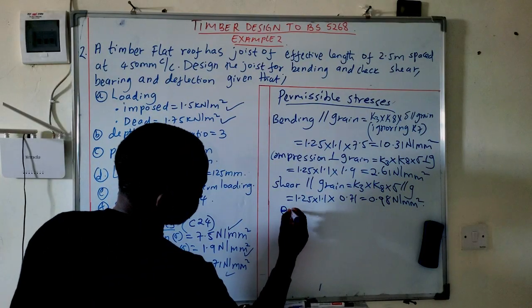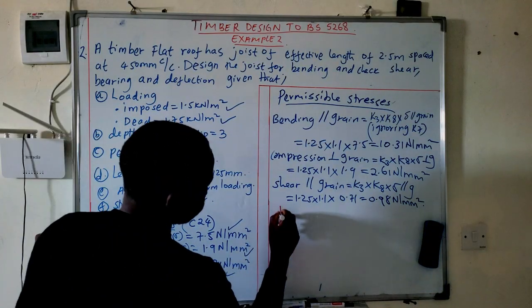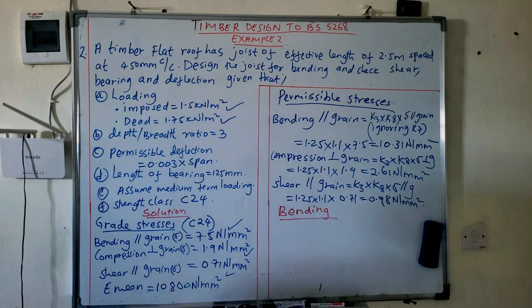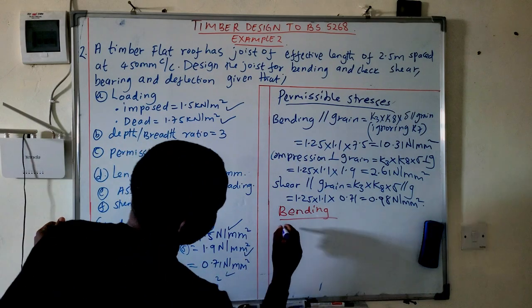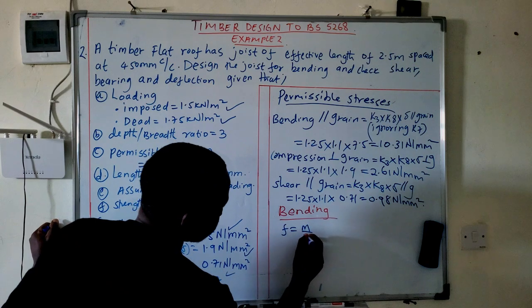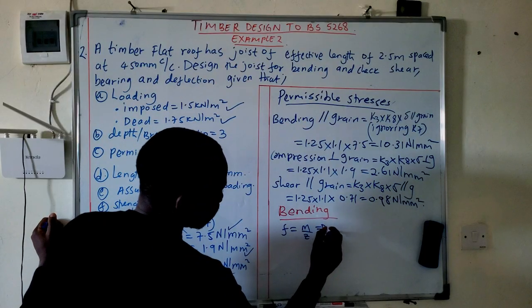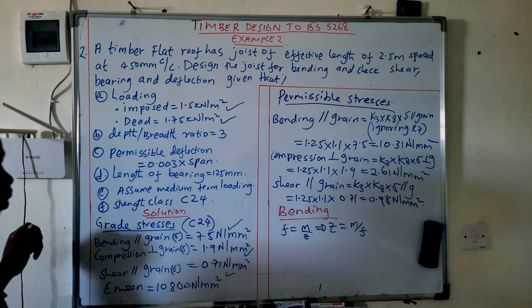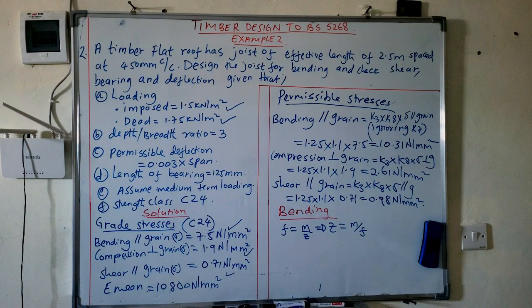So for bending, we know that F is equal to M over Z. So we make Z the subject of the formula, which implies Z equals M over F, because Z will give us the section size.